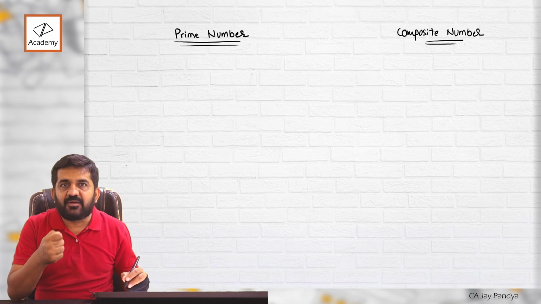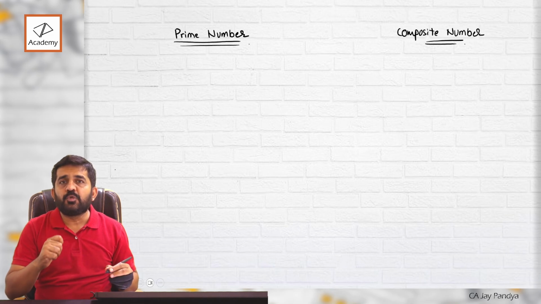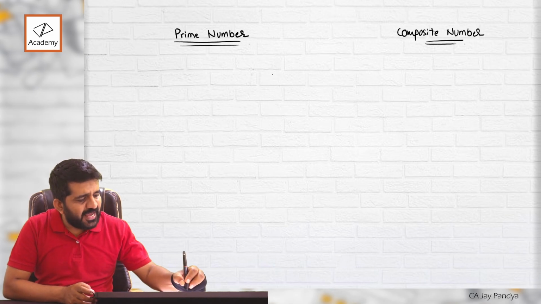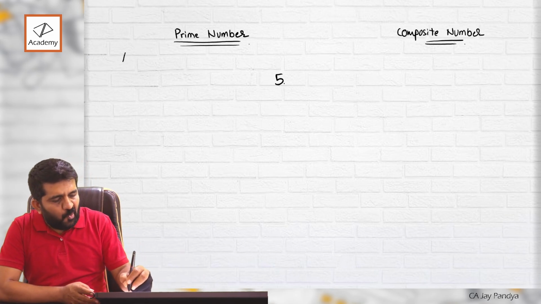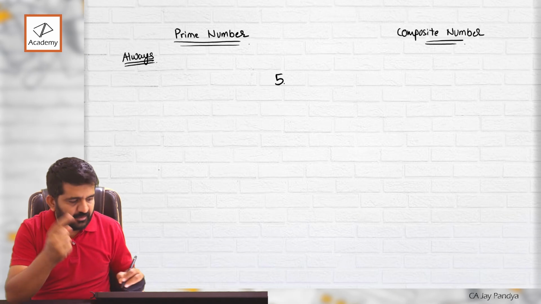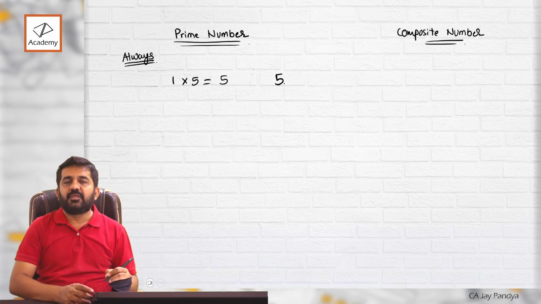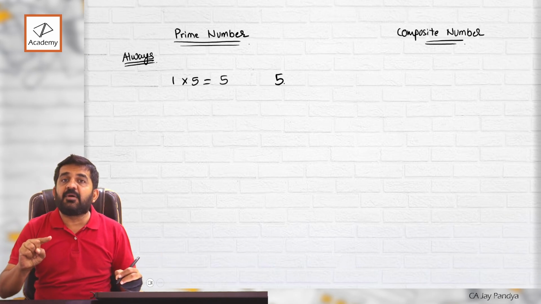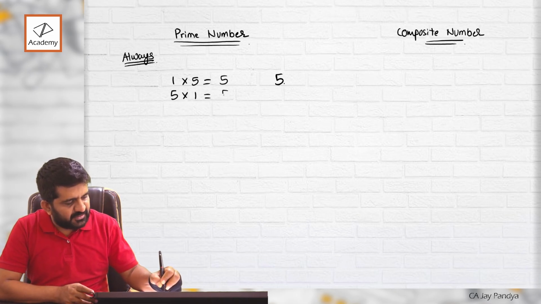Let me revise it. What are prime numbers? Suppose any number will always be in a table of 1. How? 1 5s are 5, and it will be in the table of itself. That is 5 1s are 5.